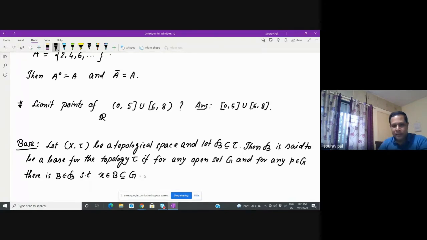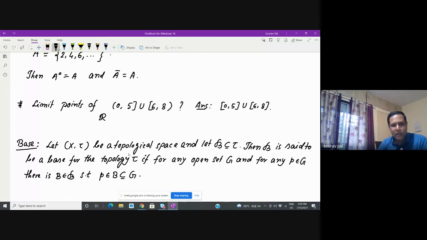So what does it mean? If you choose any open set G and any point P from G, you can find a member of this subcollection that lies in between P and G. If you look at the definition of base for a topology, it's a collection of open sets itself, maybe a smaller collection.